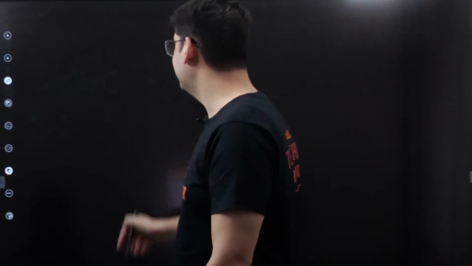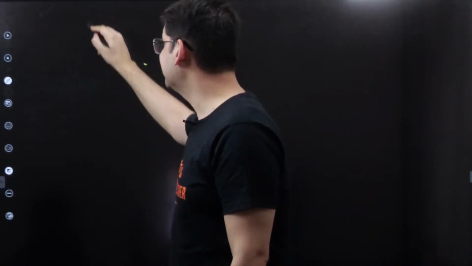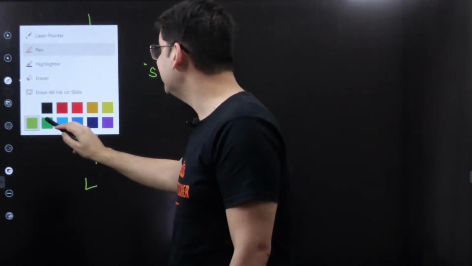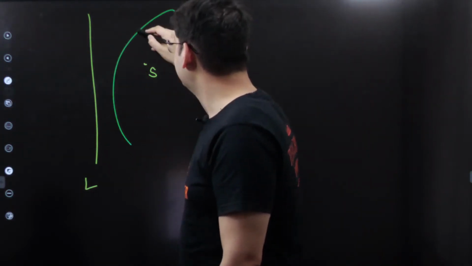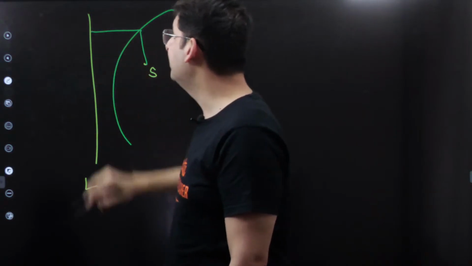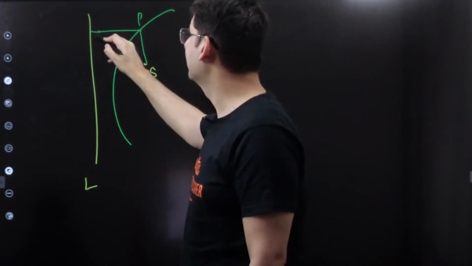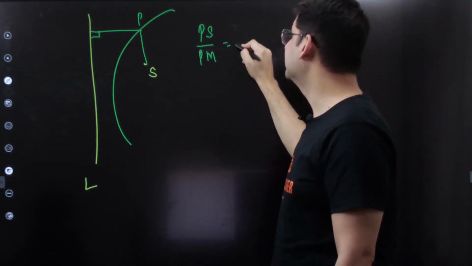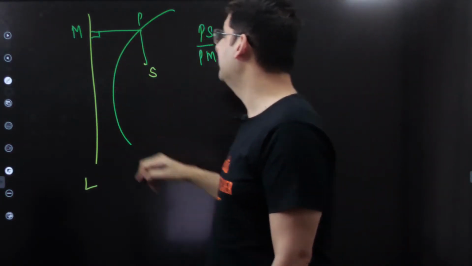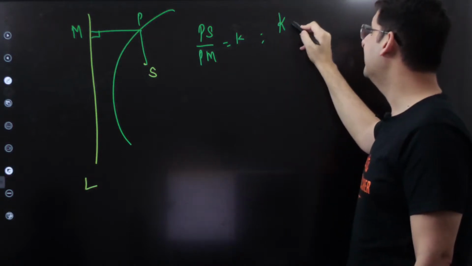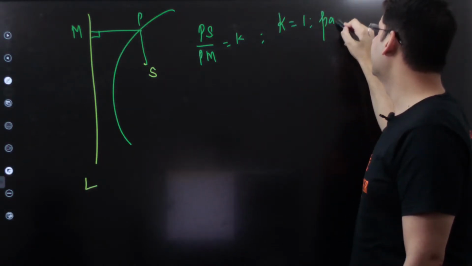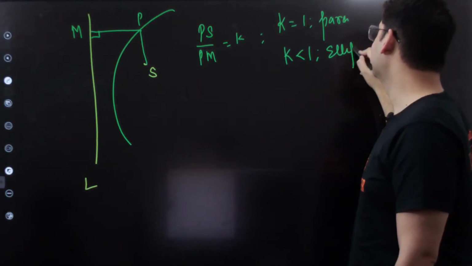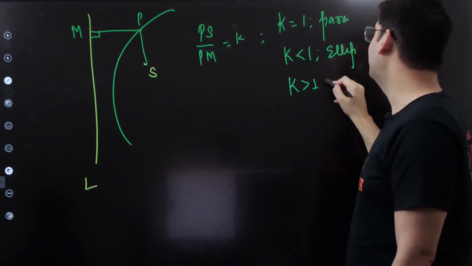This is a fixed point and this is a fixed line, and the curve moves in such a way that this ratio, PS upon PM, is always constant. If K is equal to 1, it is a parabola. If K is less than 1, it is an ellipse. If K is greater than 1, it is a hyperbola.